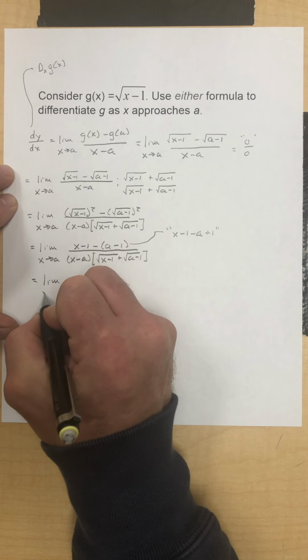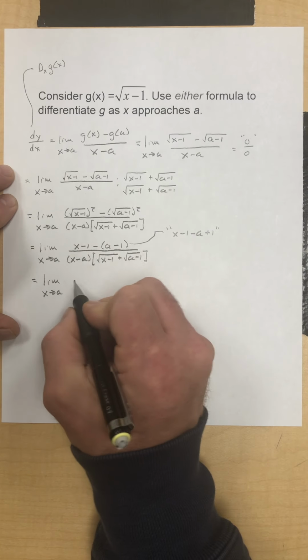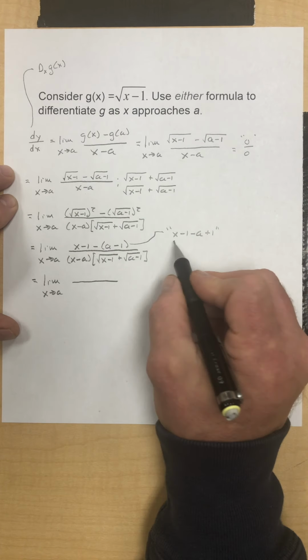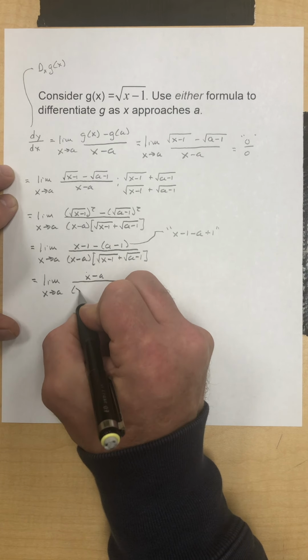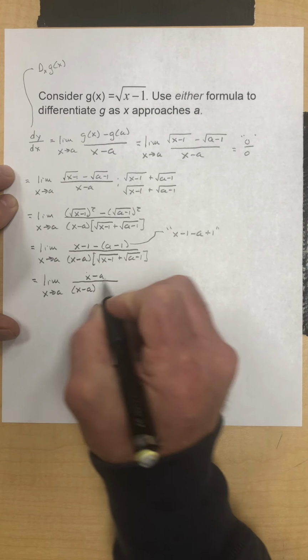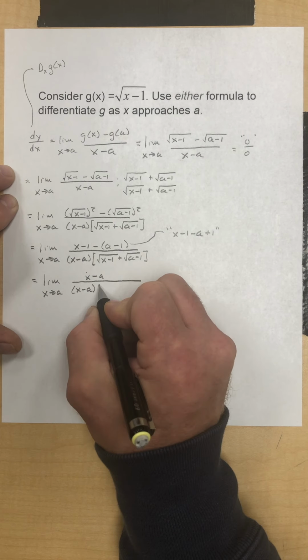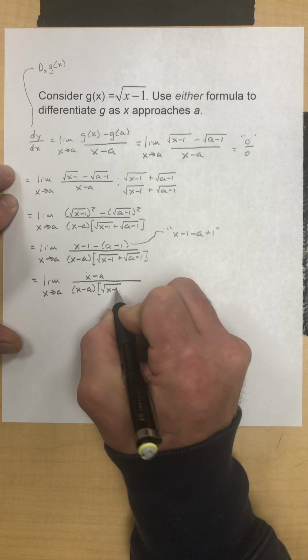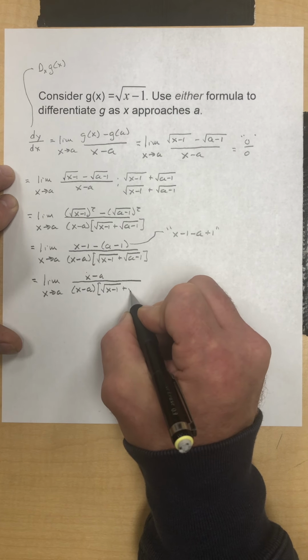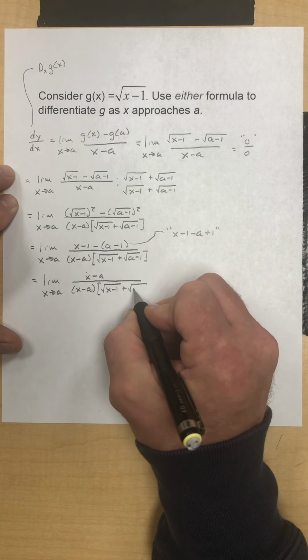So I get the limit as x approaches a. Up above, notice I'm left with just x minus a. And then down below, it's going to cancel with the x minus a. I'm just going to be left with this conjugate.